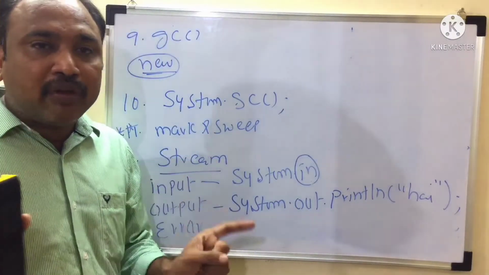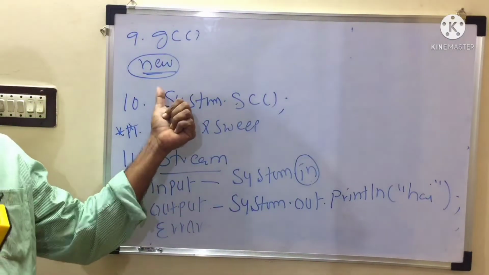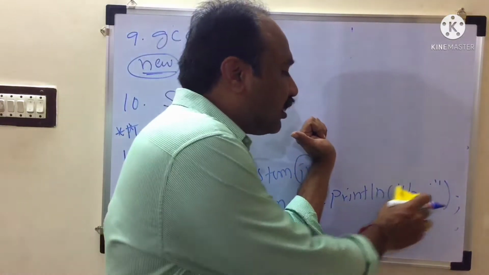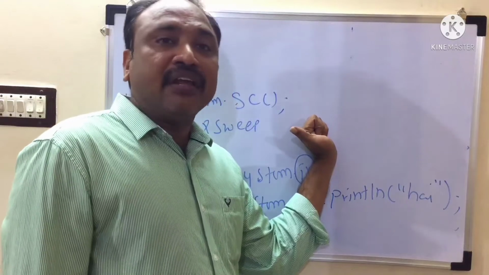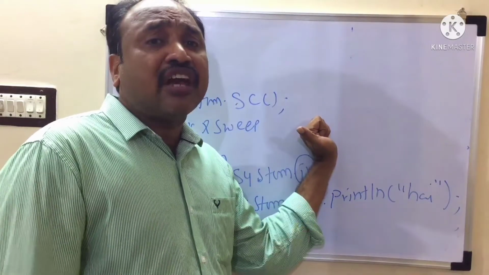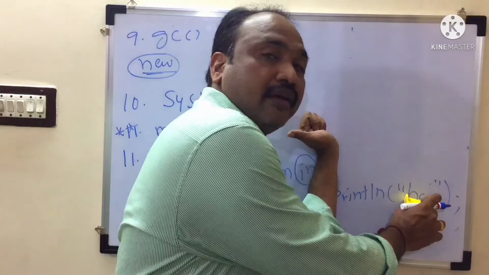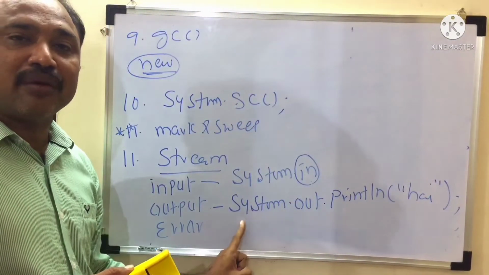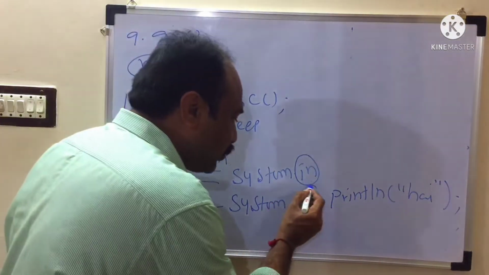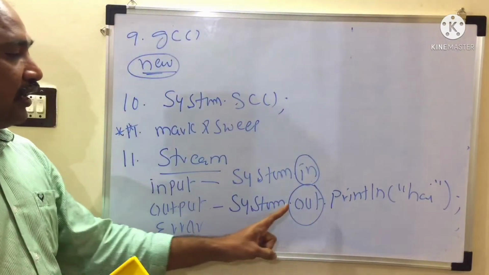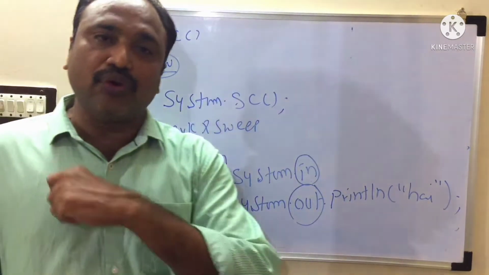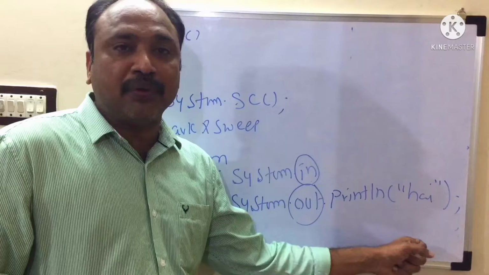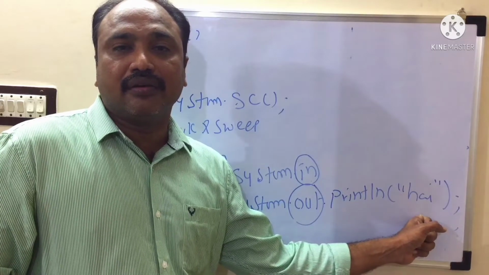In internet-based programming, we don't print data on screen, we print data on web pages. This println can print on web pages, and it can print on screen also. When you use out here, it is indirectly directed to the output device. That's why it is printed on the computer screen.